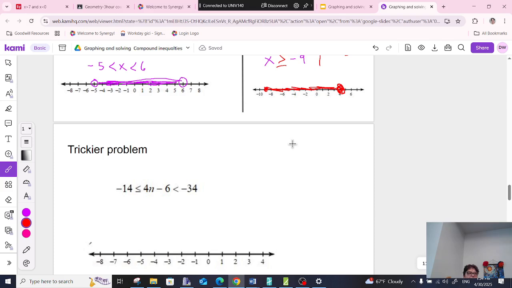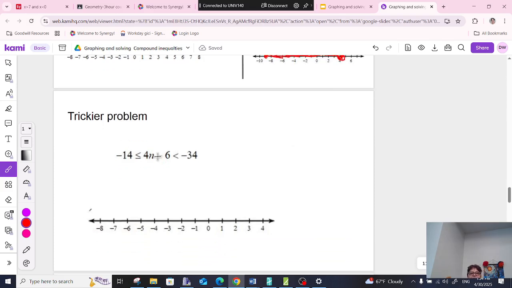So I'm going to be over here, right? And I'm going to add 6 here, add 6 here, add 6 here, and add 6 here. What is a negative 14 plus 6? Negative 8. 4n.